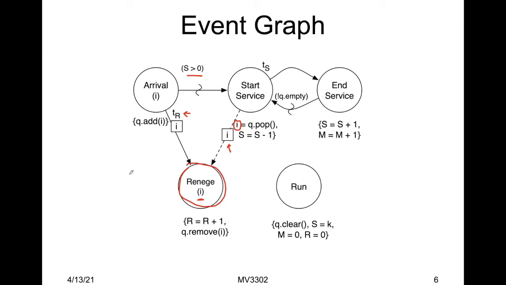So this piece right here, just this one event right here, together with this scheduling edge and this canceling edge, add the ability of this model to capture the number of reneges, the number of customers that I've lost.